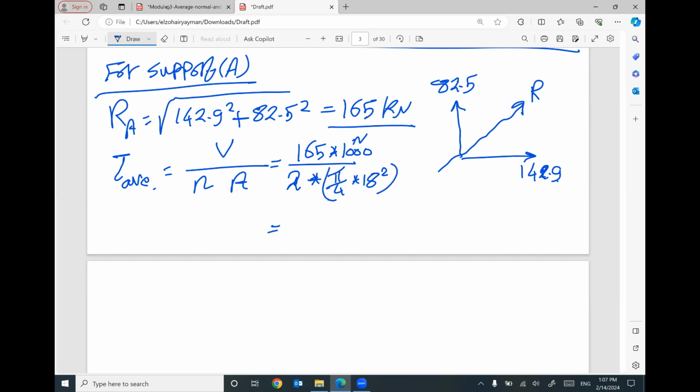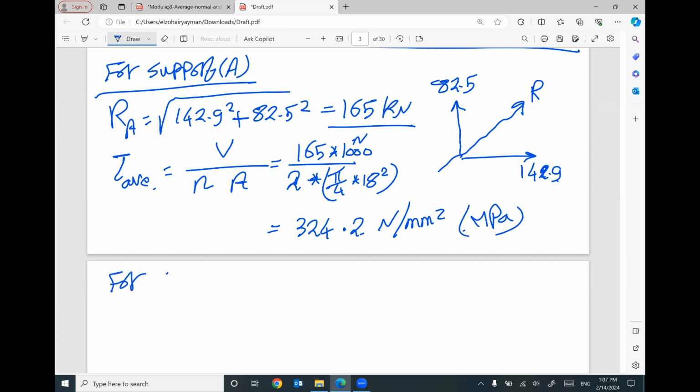So the average shear stress will be 324.2 Newton per millimeter squared, which is megapascal.